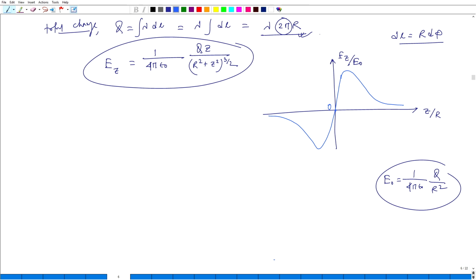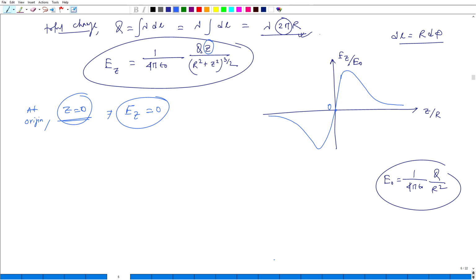And at the origin O, that means z equals 0, the electric field becomes 0. If we check by putting z equals 0 exactly at the origin, Ez becomes 0 because it is proportional to z, right, and that is expected from the previous result.